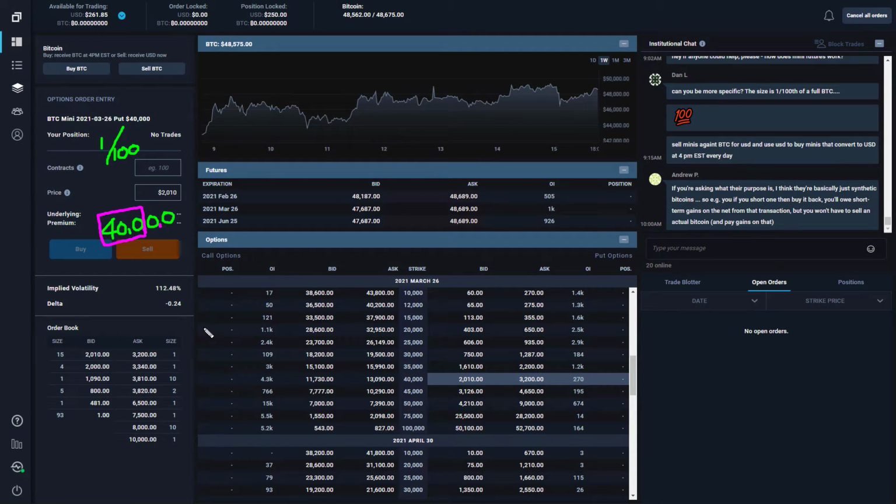And we'll just use the bid price here of 2010. So instead of $2,000, we're going to move that decimal over 2 places and we'll bring in $20, and we're going to be leveraging 400 for that. Make sure that you go over the math to make sure that that makes sense.